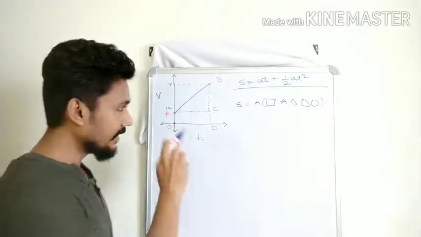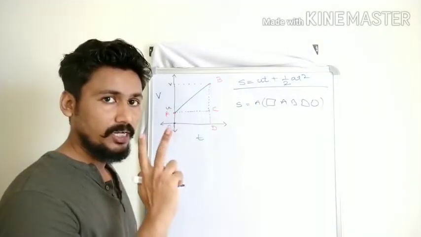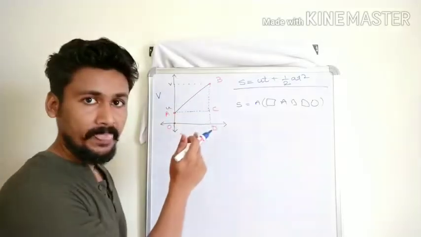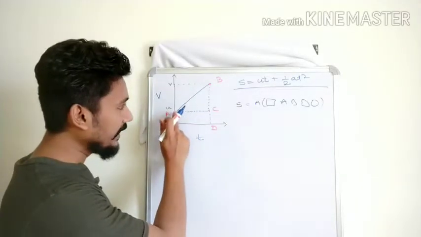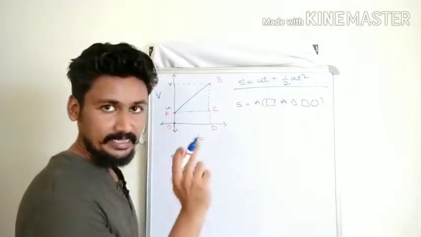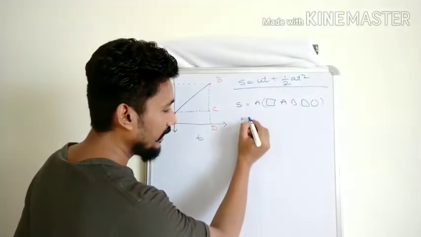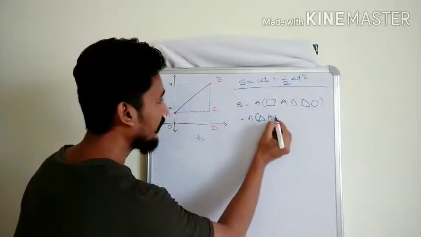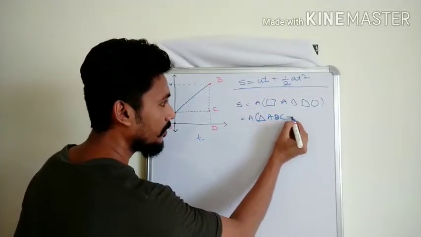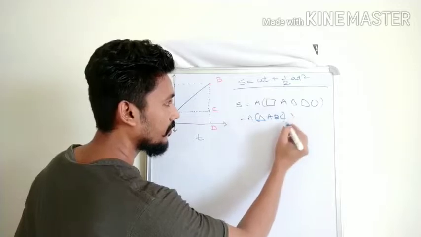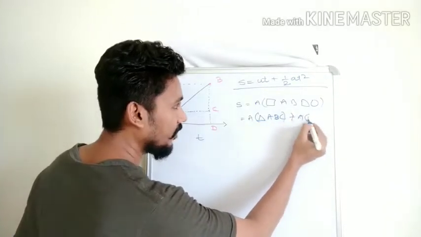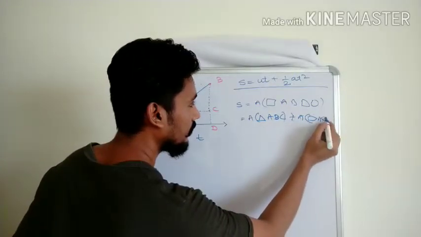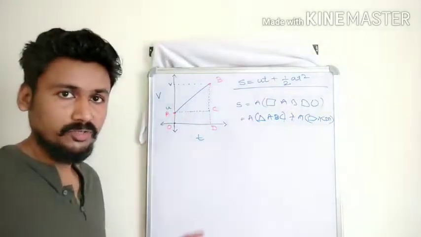Now you can see that this quadrilateral is made up of actually two geometric figures. One is the right angle triangle ABC and the other is the rectangle ACDO. So I can write this as equal to the area of right angled triangle ABC plus the area of the rectangle ACDO.